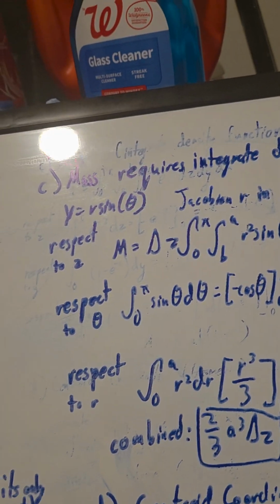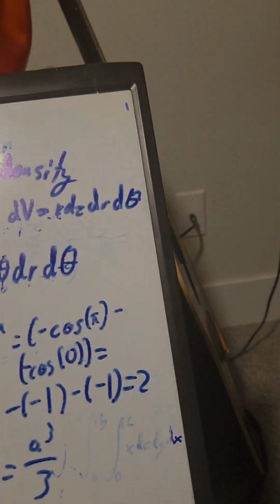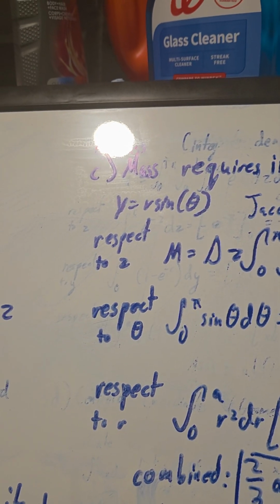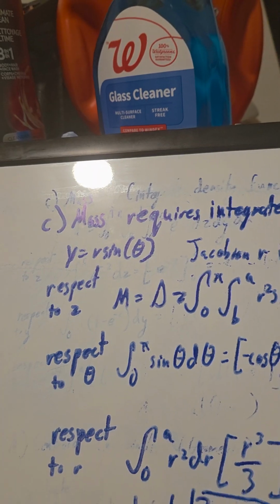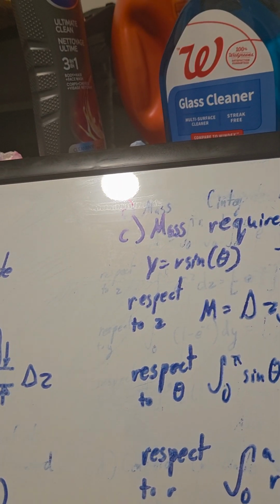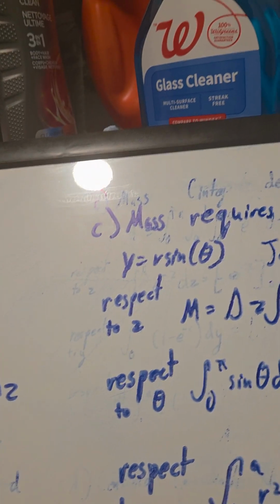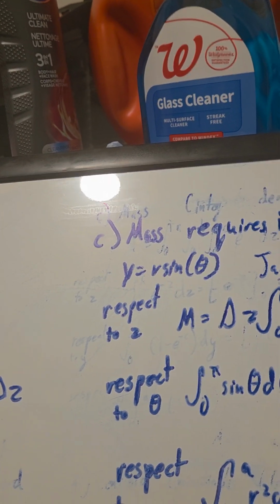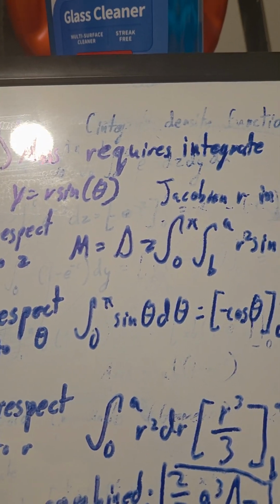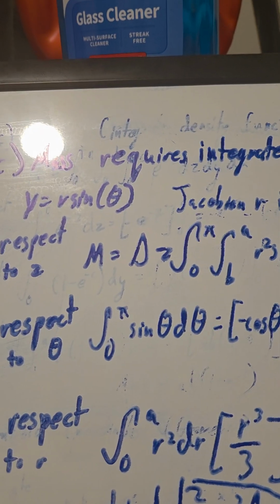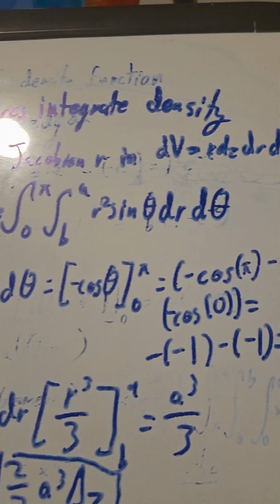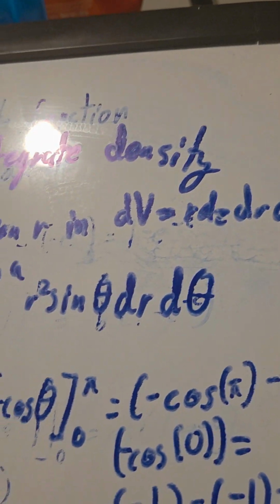So m equals the integral from 0 to pi, of the integral from 0 to a, of the integral from 0 to change in z, of r sine theta times r times dz dr d theta.